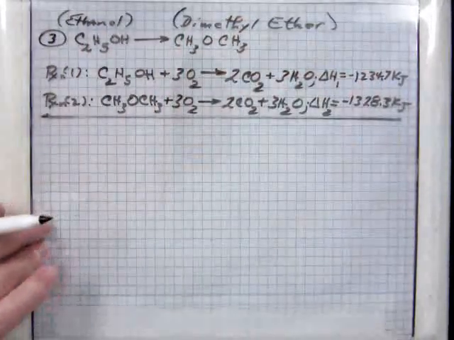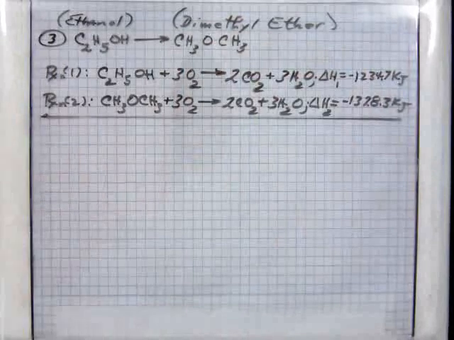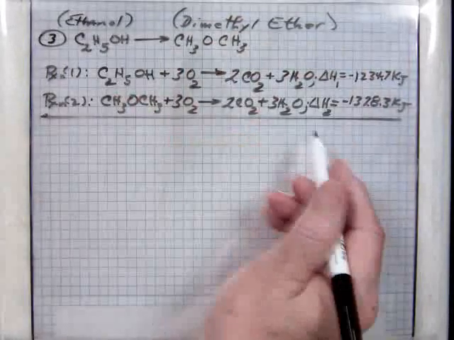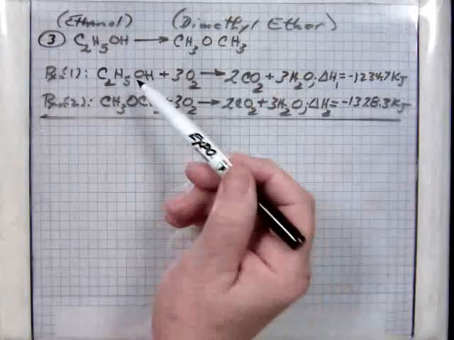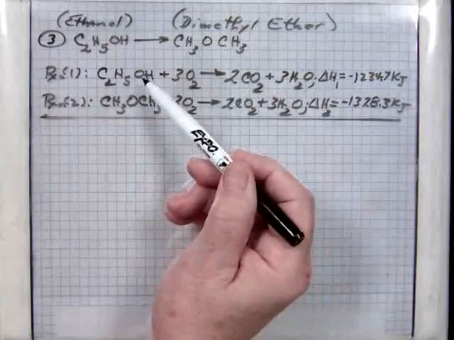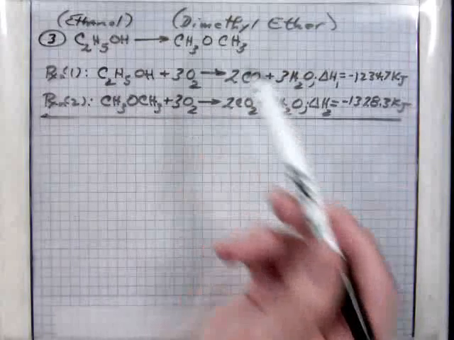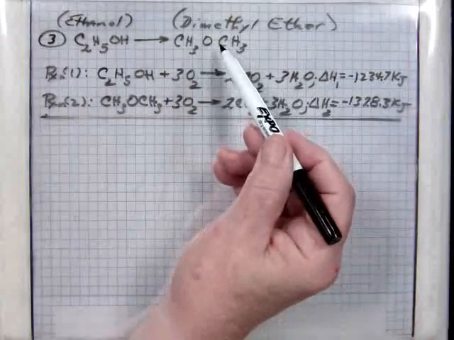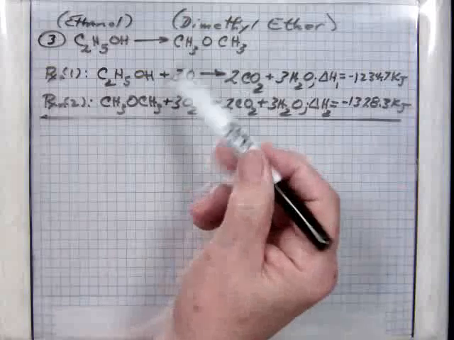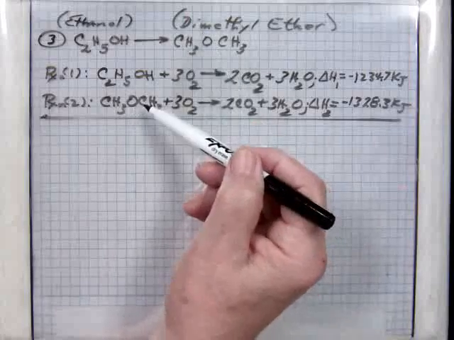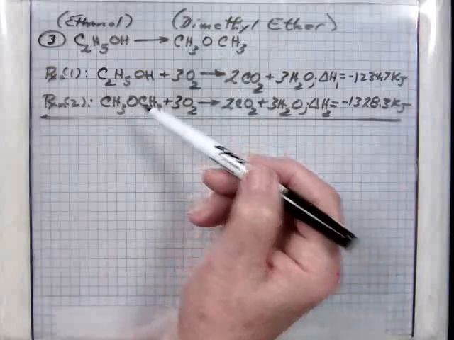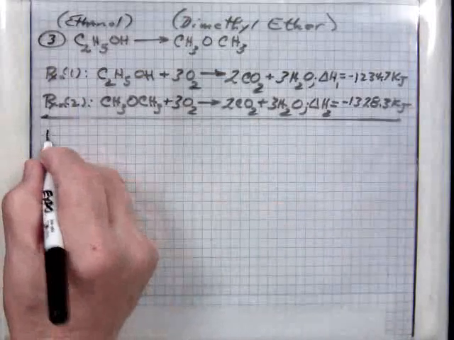Anyway, we start out by looking at the given reactions and seeing if we need to make any changes. So we see that ethanol is on the left for the first reaction, but when we look at the second reaction, obviously the dimethyl ether is on the product side. So this one will have to be reversed. And again, we rewrite the reactions.